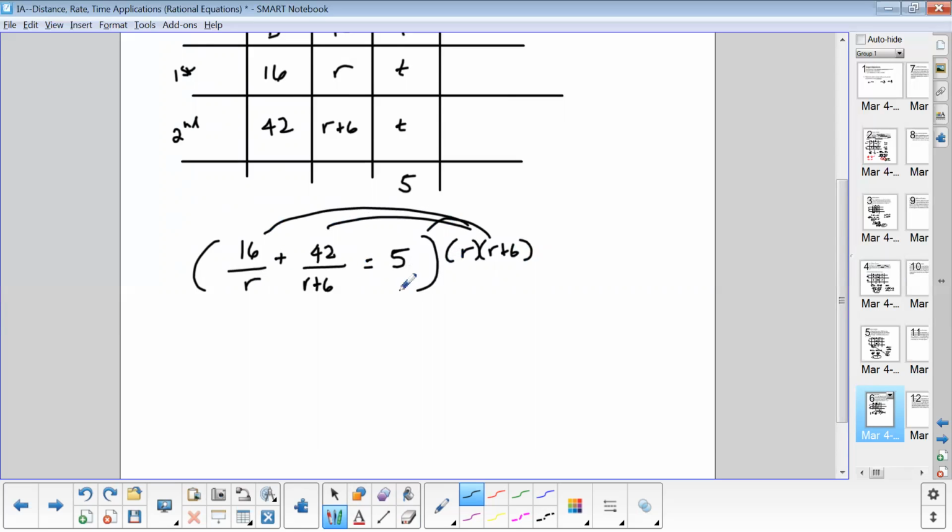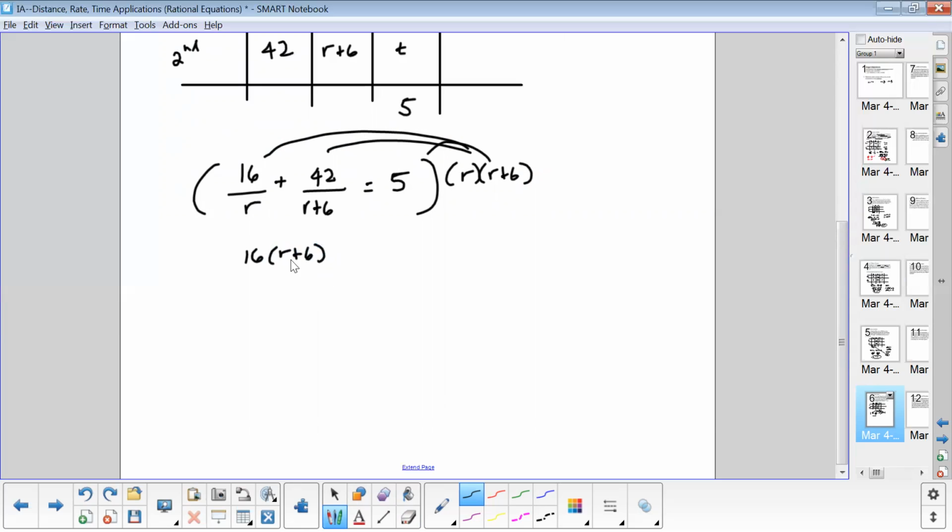So the R's will divide out, leaving me with 16 times R plus 6 plus this term, the R plus 6 expression cancels out, so you're left with 42R. And then here, I'm going to take 5 times R, and then multiply that by R plus 6. So I'm going to get 5R squared plus 30R.